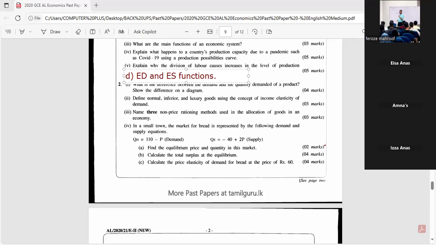You all know that excess demand is the one where QD is higher than QS. Excess supply is where QS is higher than QD.